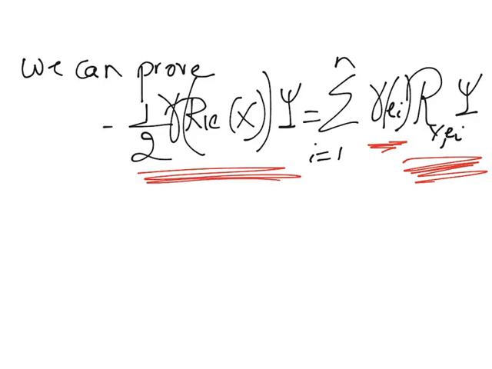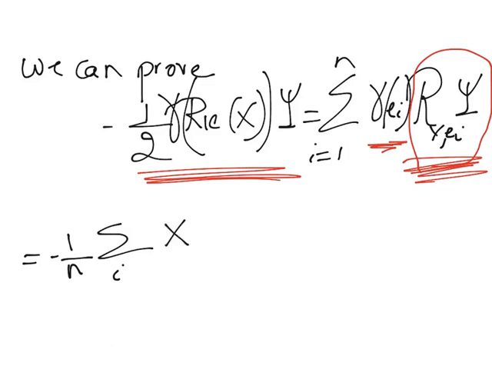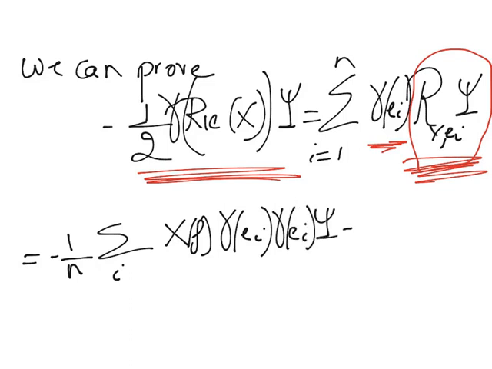And now I can replace the spinorial curvature here by the quantity found for the generalized Killing equation to get minus 1 over n sum over i of x(f) gamma e_i Clifford gamma e_i psi minus e_i(f) gamma e_i gamma x psi.